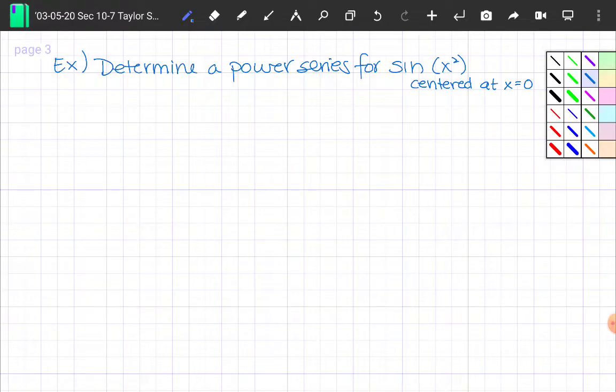Or a much easier way to do it is this. Start with the one that we know. The sine of x is, and it all kind of depends on how you want it. If you want it in expanded form, you can write it in expanded form. If you want it in summation form, you can write it in summation form.